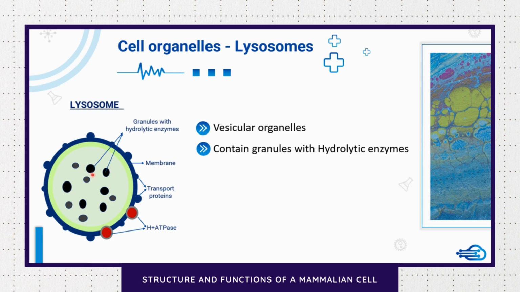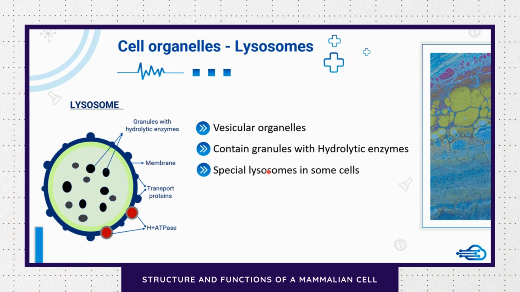And if you see, it's kind of protective also that these enzymes act in an acidic environment, because if by chance these enzymes are released into the cytosol, then they will become inactive because the cytoplasmic pH is not that acidic. So, these enzymes are active only within the lysosomes.